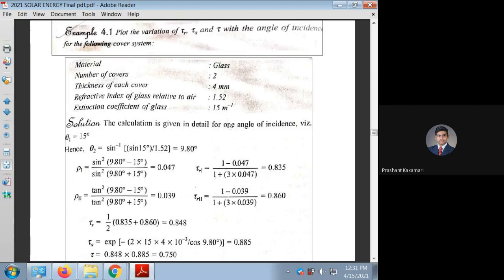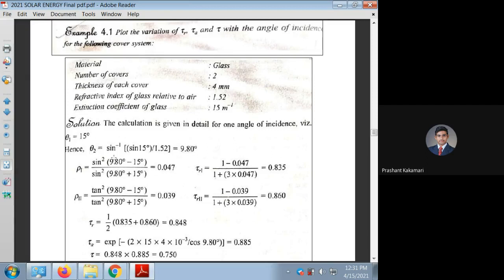N2 by N1 is given as 1.52. Extinction coefficient of glass is also the same, given as 15 per meter. So all these things are given, and also angle of incidence, they are telling that it is 15 degrees. So using all these details, now we need to find out what is tau r, what is tau alpha, absorption, and tau, effective transmissivity.